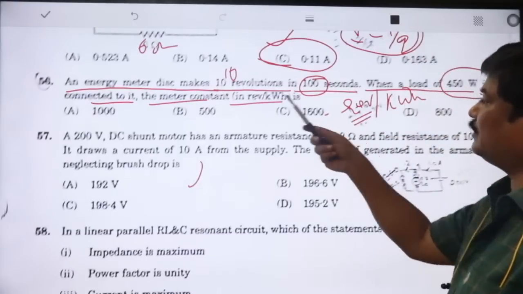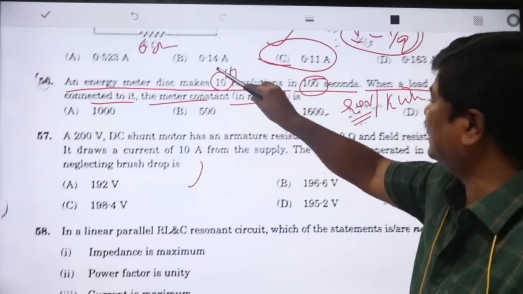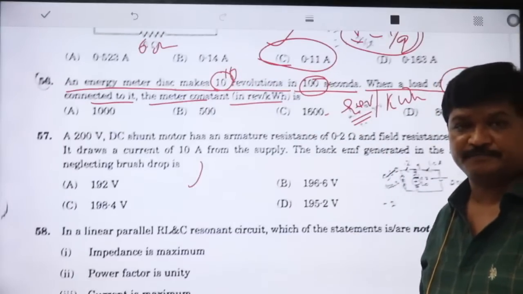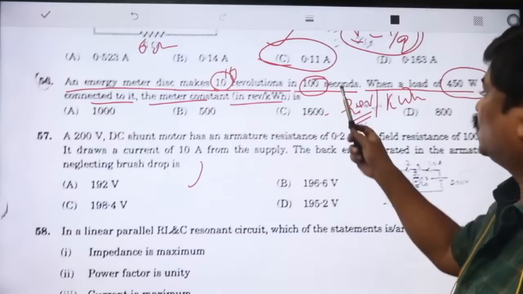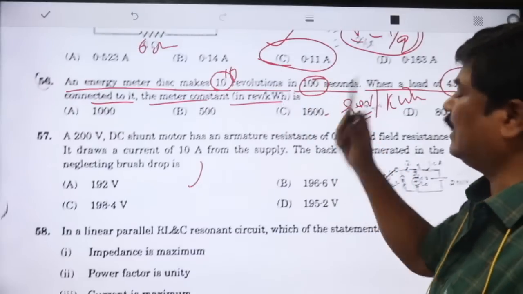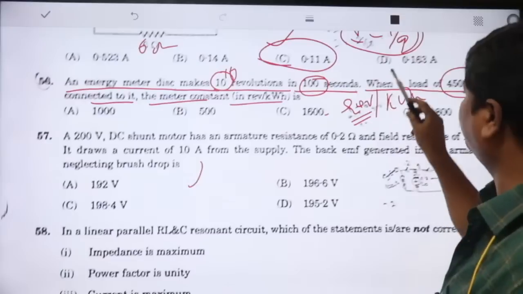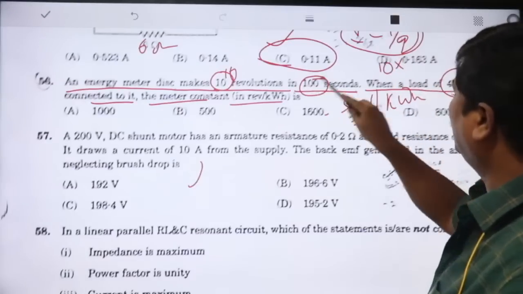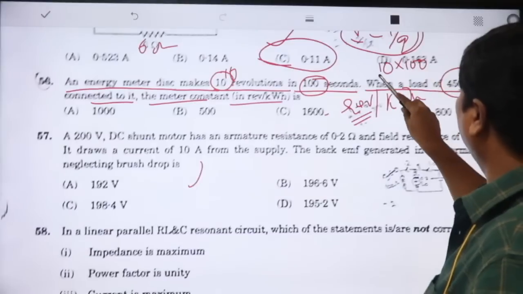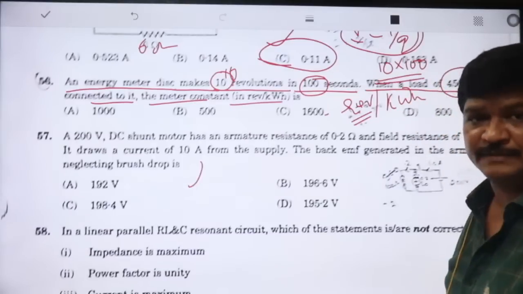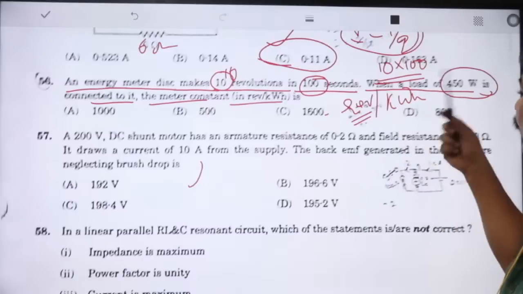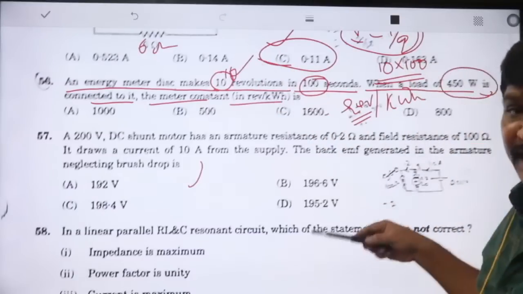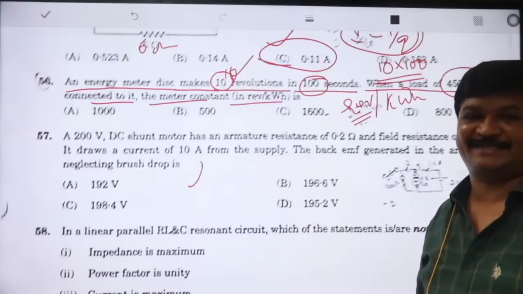How many revolutions per kilowatt hour? So how many revolutions are given? 10 revolutions are given in 100 seconds. But we need it in hours. So 10 revolutions in 100 seconds, but we require how many revolutions for 3600 seconds?